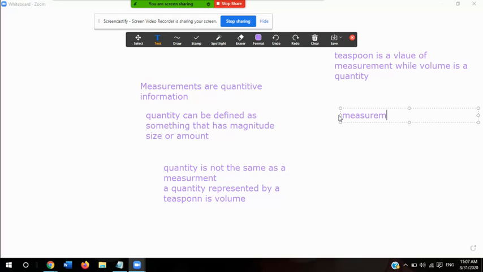Measurement is almost always a number plus a unit.